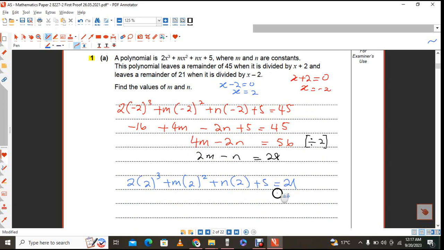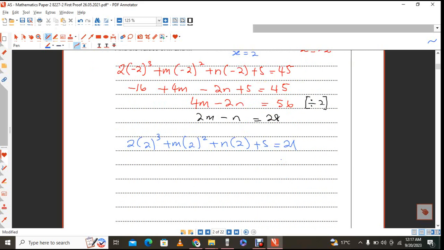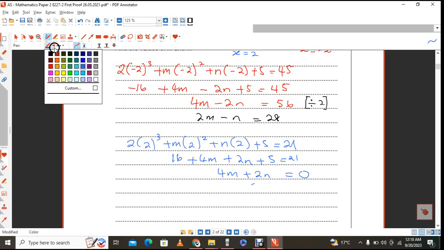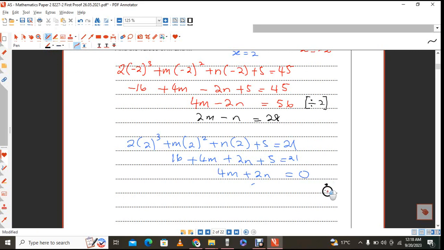And you can go ahead and clean this up until you get to 16 plus 4m plus 2n plus 5 equals 21. And if you get all the numbers to the right side, you are going to end up with 0. And again, I can divide this whole equation by 2, that will give me 2m plus n equals 0.